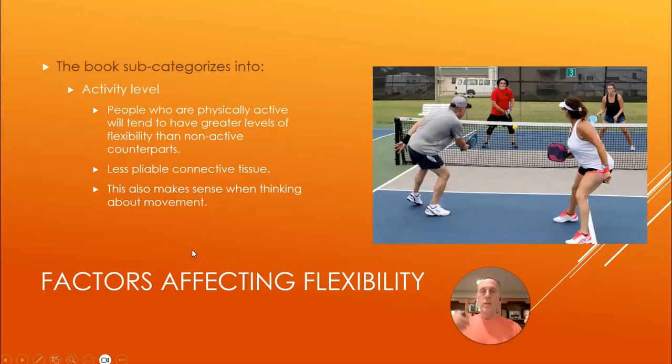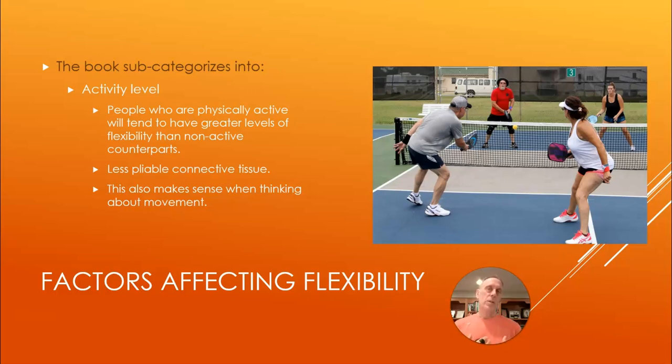So when you look at the level of activity, right? I bring this up in terms of 2 different contexts, one of which is people who are physically active, meaning they have a higher activity level, will tend to have greater levels of flexibility than non-active counterparts, which makes sense. You're moving around, you're moving muscles, and to contract one, you have to relax the other. Makes sense. And then when you look at the pliability of connective tissue as well, people who are not as active will have less pliable connective tissue.